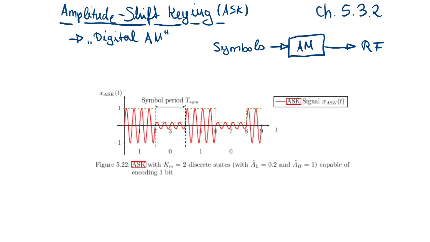In fact, the symbols are digital, and this amplitude modulation can be realized, for example, by some digital signal processing, and then there is a digital to analog converter, and then in the analog domain there's a mixer, for example an up converter, and then we have an analog RF signal.